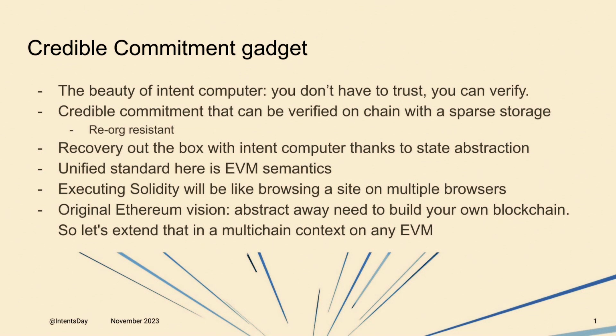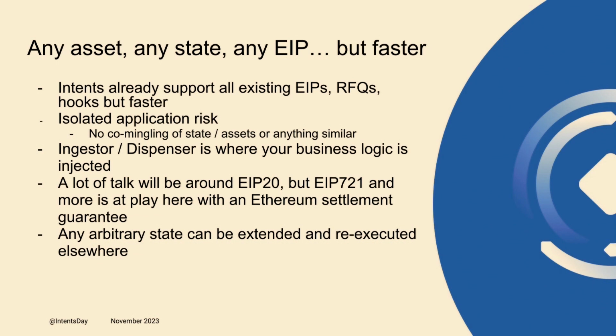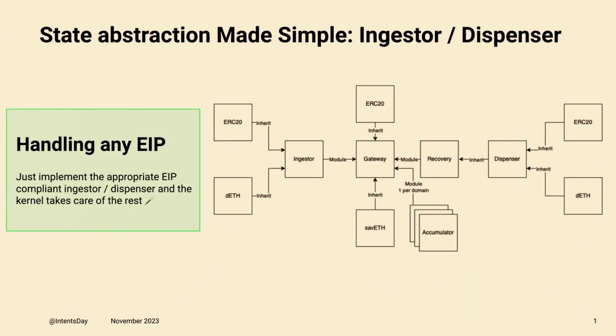So we like to think of this analogy. It's like running a website in different devices, but with credible commitment guarantees. Like I was saying, you can support any state, any EIP here. You just have to write what we're calling an ingester module. So we have this construction on the far left, and on the right is really where you want to look, the ingesters and the dispensers.